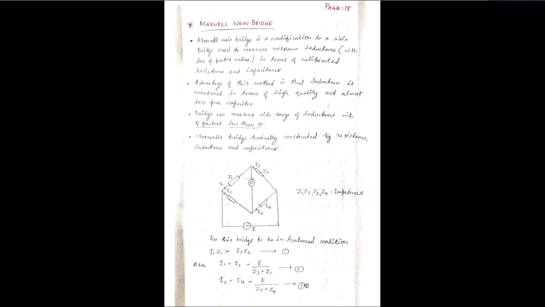Substituting equations 2 and 3, I1 and I2, in 1, we will be getting E into Z1 divided by Z1 plus Z3, which is equal to E into Z2 by Z2 plus Z4. So solving, we will be getting Z1 Z4 equal to Z2 Z3. And for an AC bridge, there will be phase changes, so we also include that here.